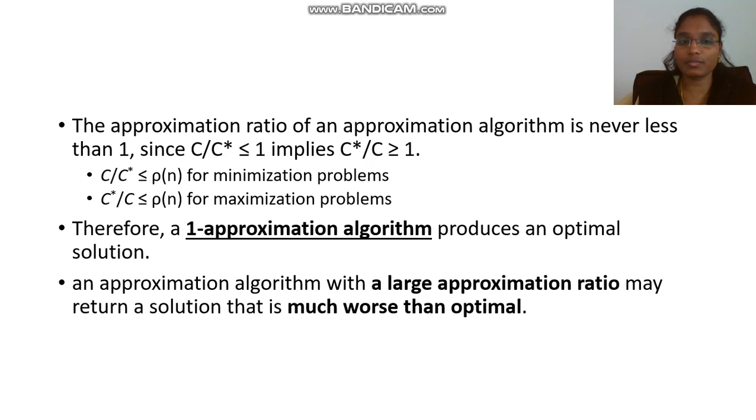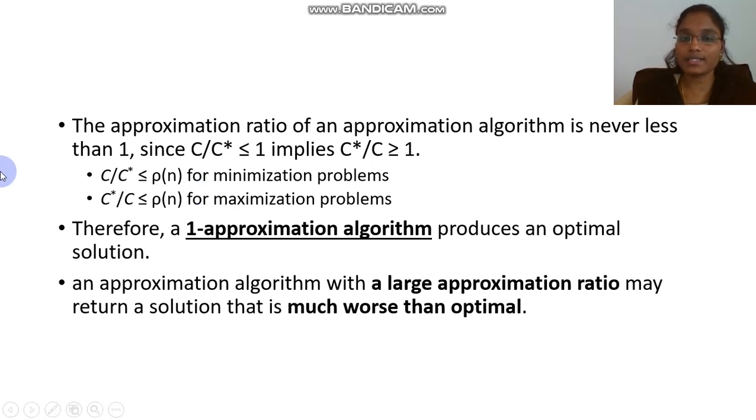For maximization problems, C star divided by C should be greater than or equal to 1. C star is the optimal solution, for example the maximum profit we gain is 200, and C is 180, the near optimal or approximate solution.